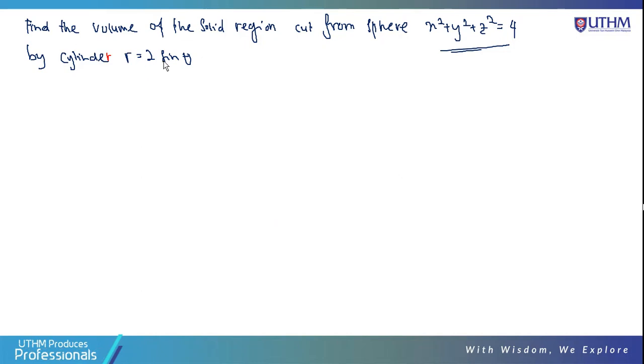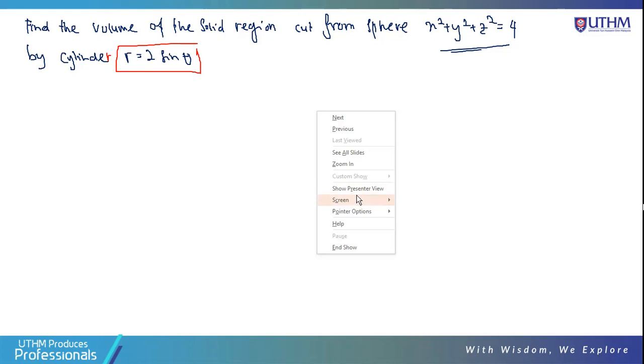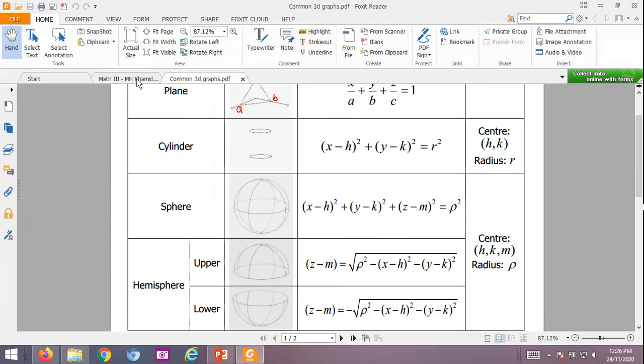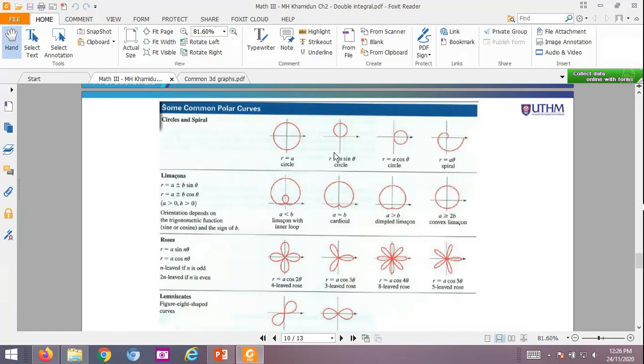And cylinder, r equal to 2 sin theta. Pernah jumpa tak this form r equal sin theta? Saya ada share in the polar coordinate tu. Ingat lagi tak? Kita back balik, recall balik. Saya ada show you dalam nota ni kan. So r equal 2 sin theta adalah here.